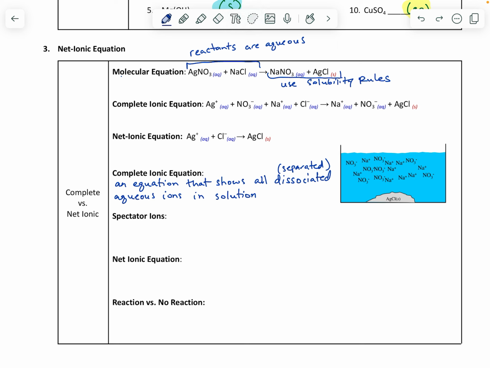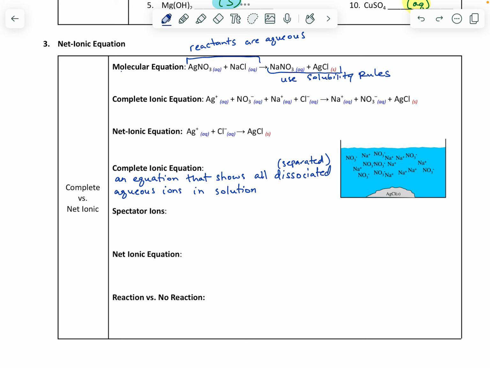Now that we have the complete ionic equation, we can see which ions exist on both sides of the equation that aren't paired up, that don't have a partner, and we call those spectator ions. If you think about spectators for sports or concerts, those are the fans, the people watching the shows and the sports events go on.